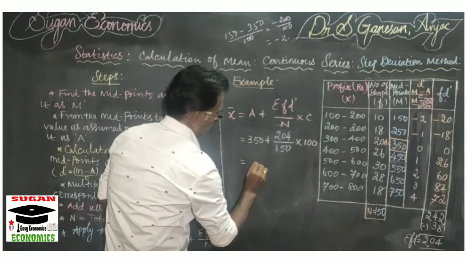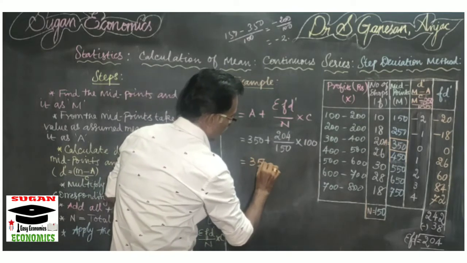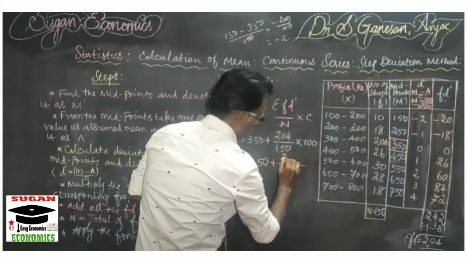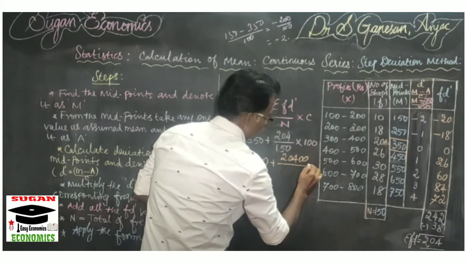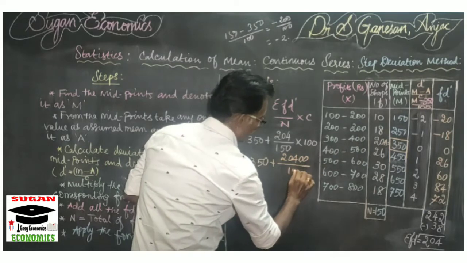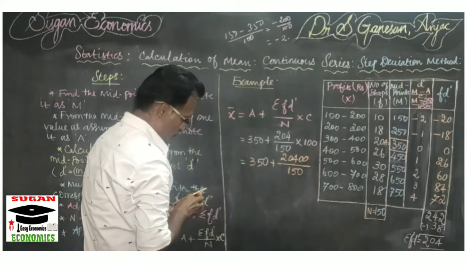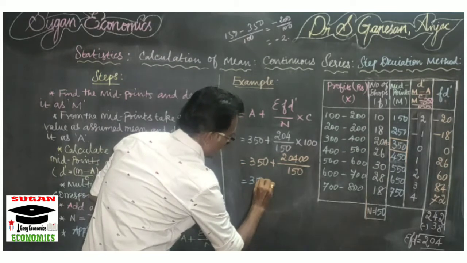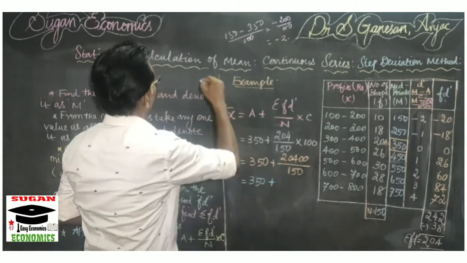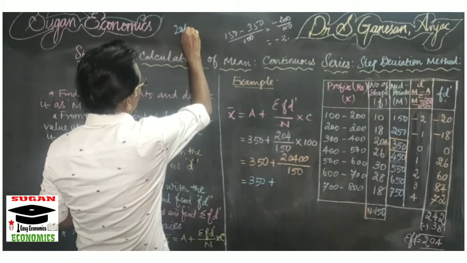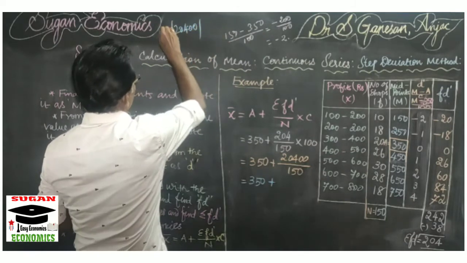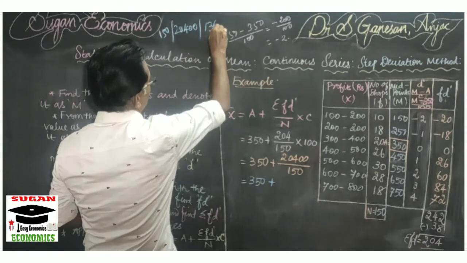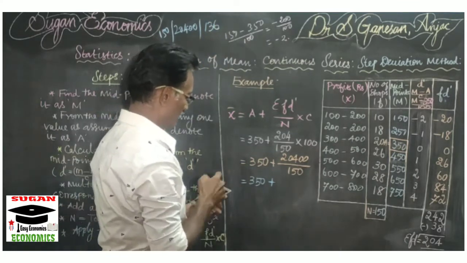So now that is equal to 350 plus 204 into 100, that is 20,400. It should be divided by 150. So 350 plus, now you can calculate 20,400 divided by 150, which is equal to 136.